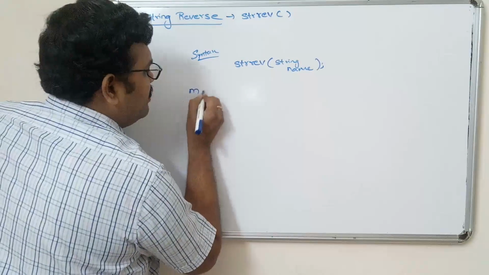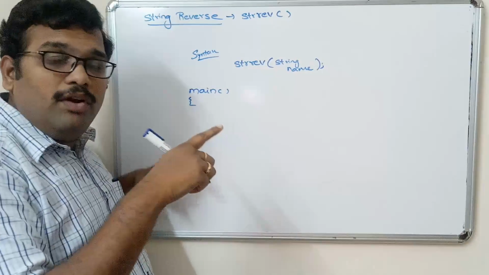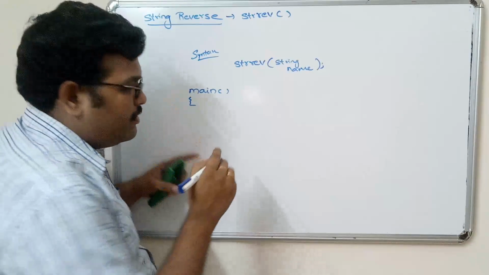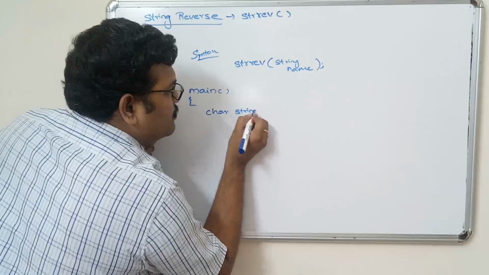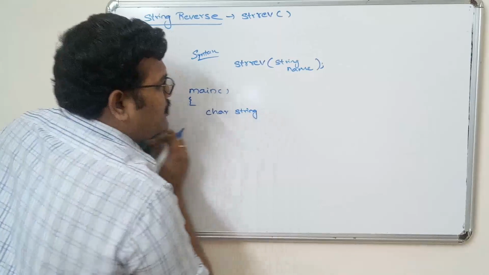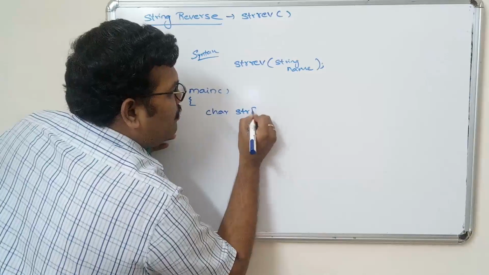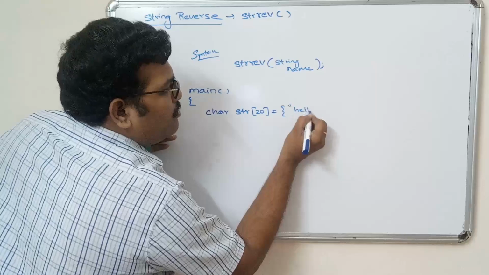So let us take an example. Write the main function. Here we are taking only one string, so we have to declare and initialize only one string. Character string, let's take a simple thing, str of 20 is equal to, take the same input, hello.